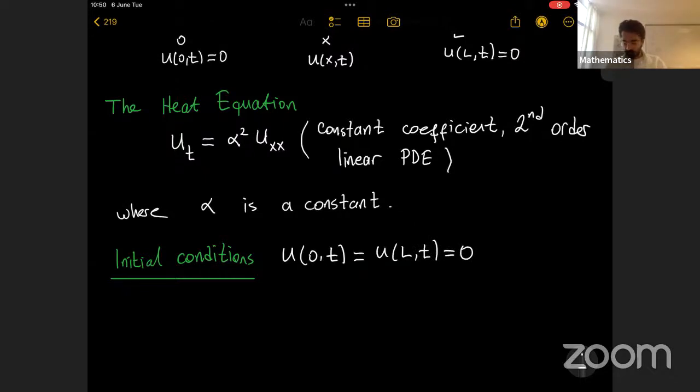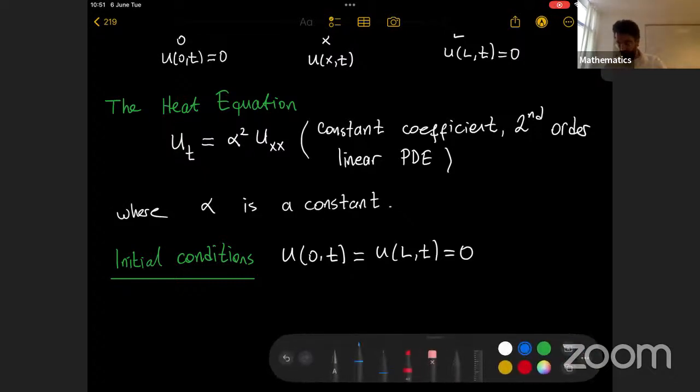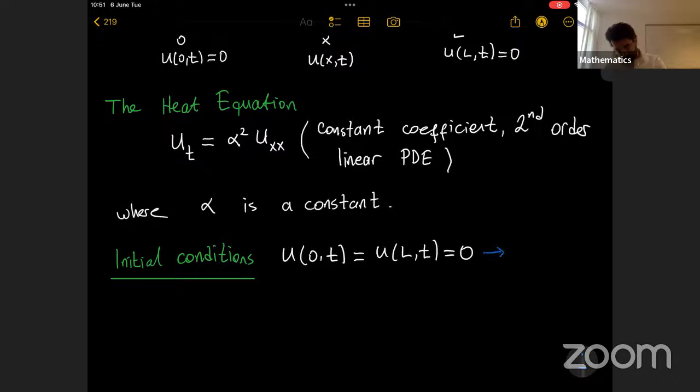These are called boundary conditions, two boundary conditions, boundary because we talk about the endpoints, okay? So these are boundary points.